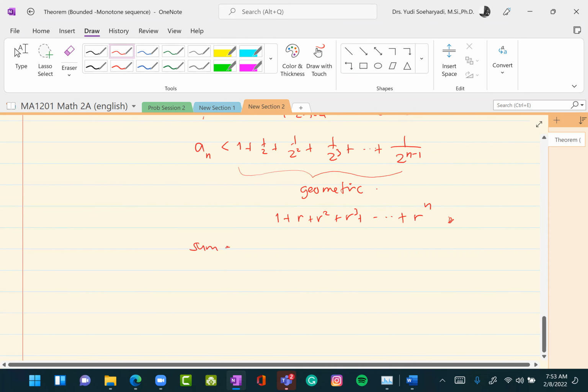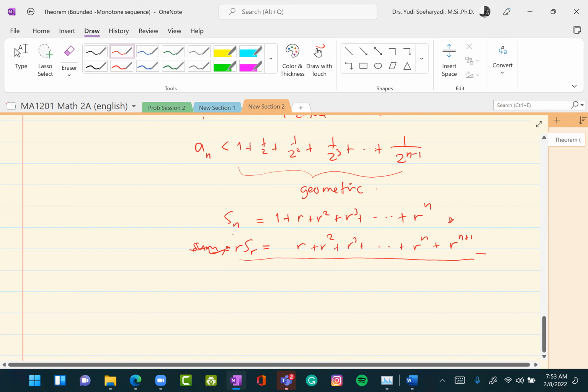And remember the sum? Say this is Sn, the sum till n. If you multiply by r, of course you get this one, with another term, right? And so you subtract them.